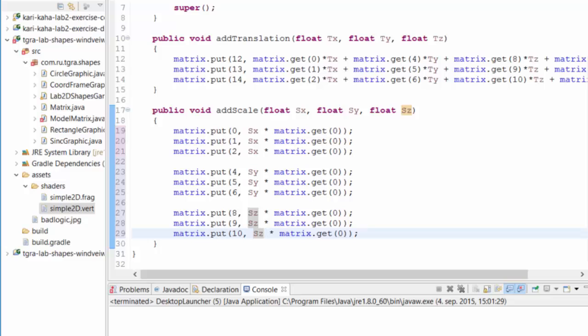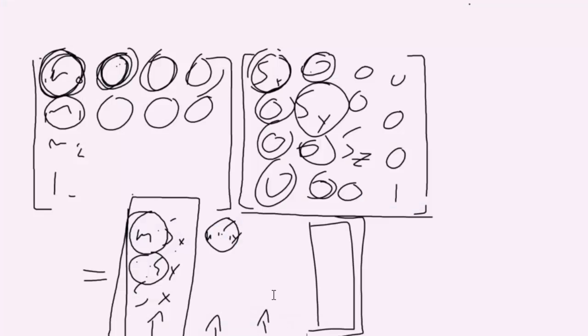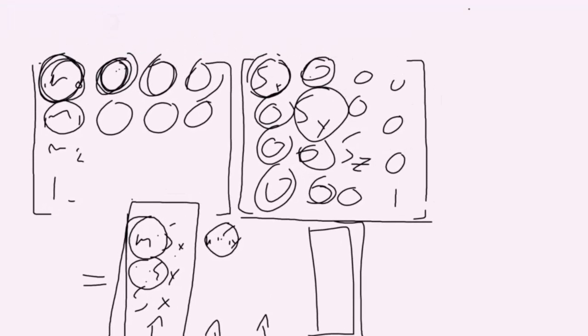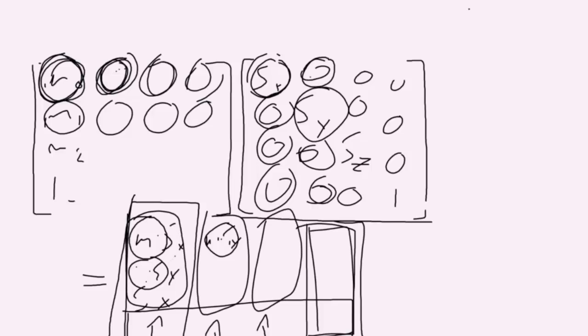And so we leave the entire bottom row, and we leave the entire last column. So we're just looking at these 3 numbers, these 3 numbers, and these 3 numbers.